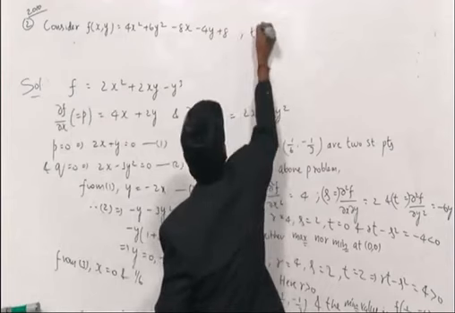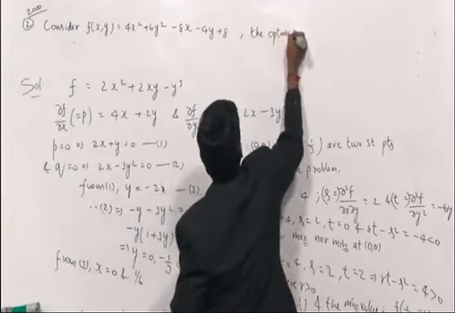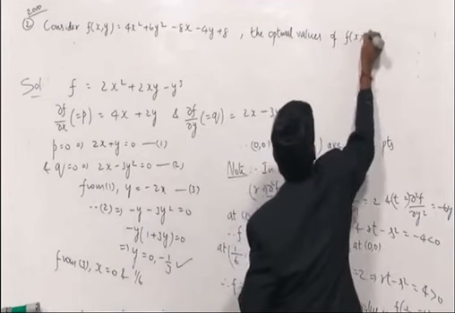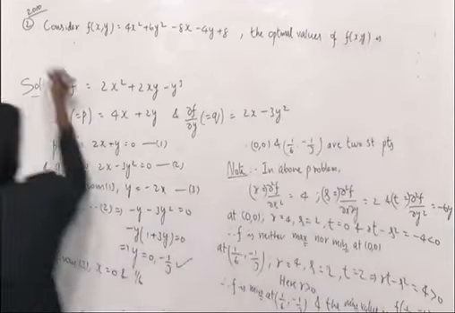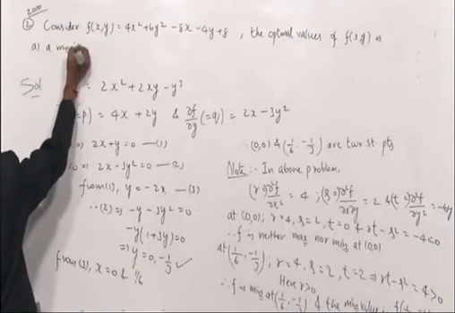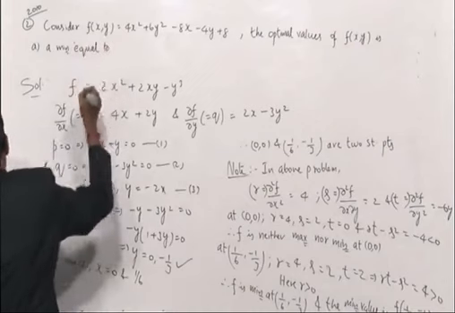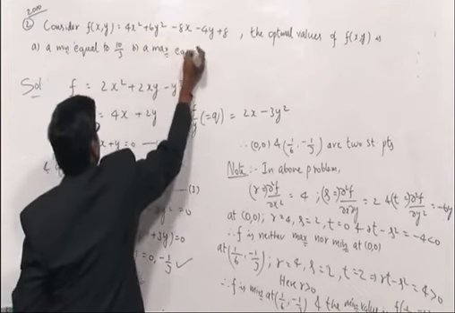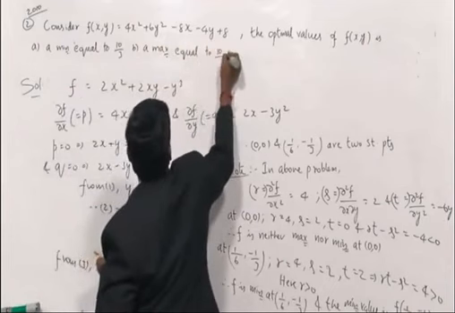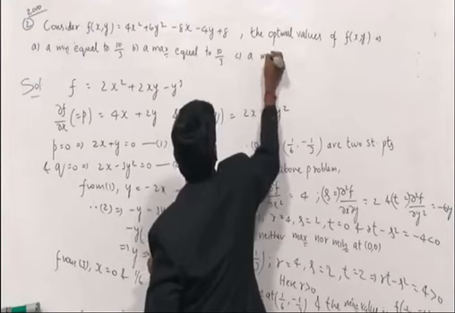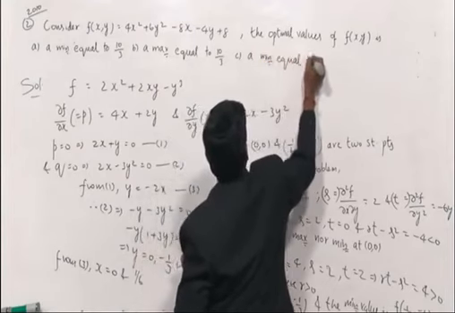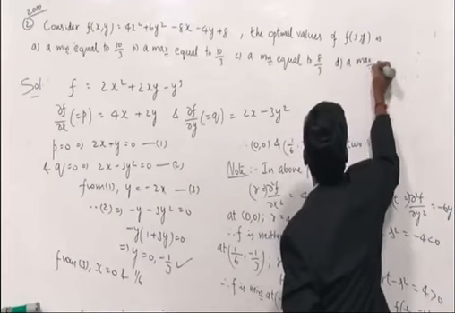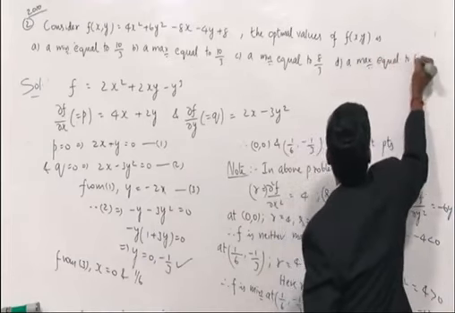The optimal values of f of x comma y is: option A, a minimum equal to 10 by 3; option B, a maximum equal to 10 by 3; option C, a minimum equal to 8 by 3; option D, a maximum equal to 8 by 3.